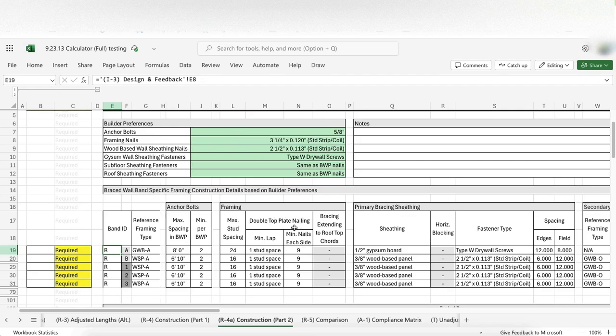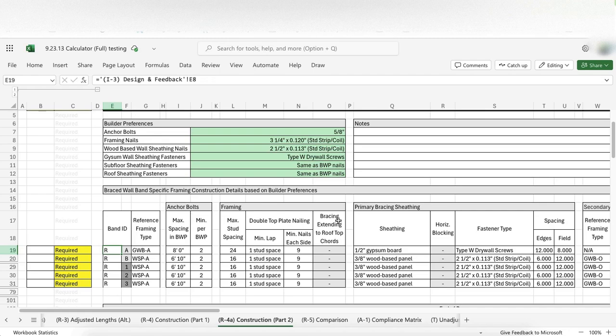So for example, the double top plate nailing is like its own little section of the code, and requires some significant calculations, which are all in the back here if you want to have a look at them, to check them, to come up with these results. But I think it's probably easiest to display them like this.